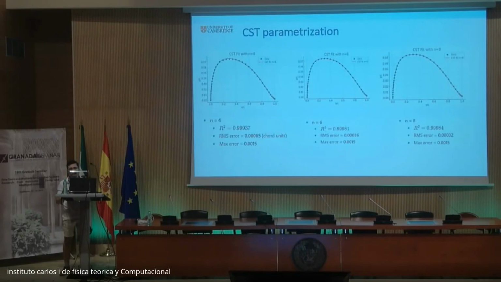So for example, having here your n equal to 4 would give you 5 parameters. With 5 parameters, you have basically described the whole airfoil. Sure, you can see that maybe on the tip of the airfoil for n equal to 4, you might have some deviations.